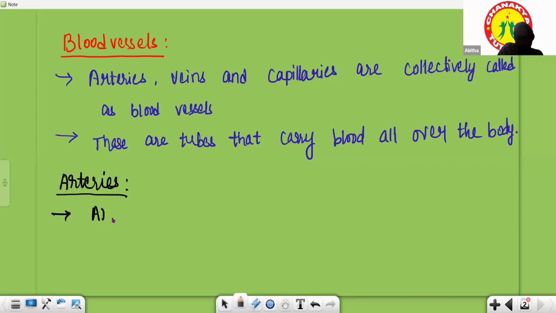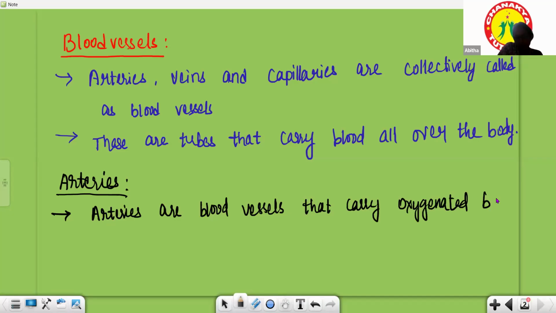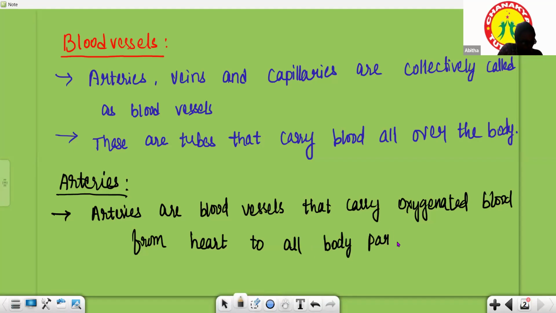Arteries are blood vessels that carry oxygenated blood from the heart to the cells, or you can write, from the heart to the body parts. Okay, so that is the role of an artery.